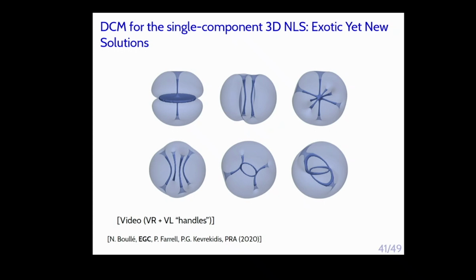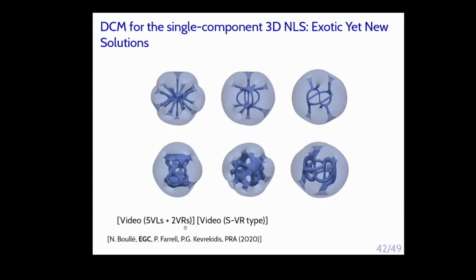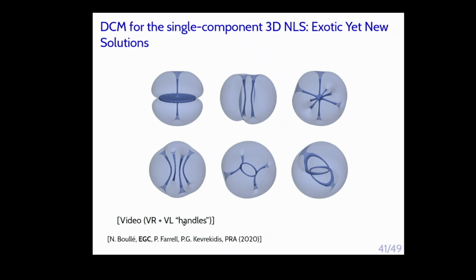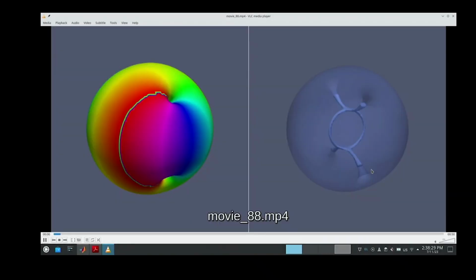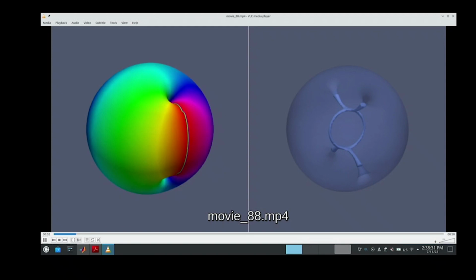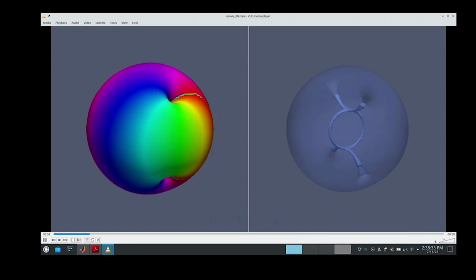The planar dark soliton with a vortex line piercing the condensate, 2 vortex lines, a vortex line star, 4 vortex lines, 2 vortex line handles with a vortex ring connecting those two, and 2 vortex lines that are interconnected with each other. And some dynamics that I would like to show you for the vortex line and vortex ring handles: the solutions are unstable, weakly unstable, I would say.